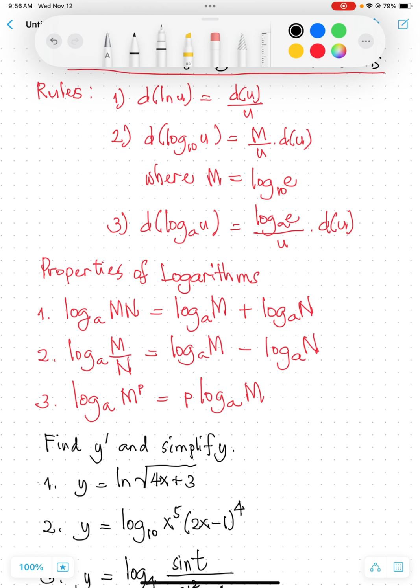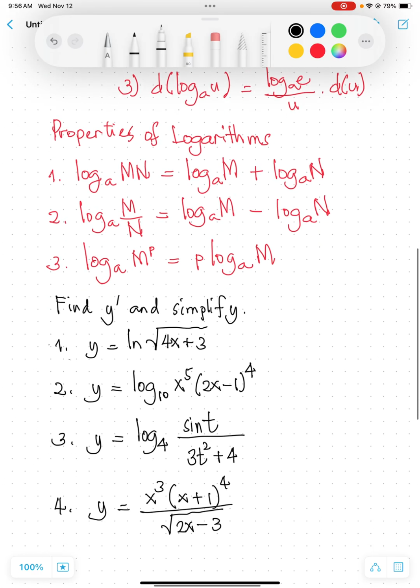Number 2, log to the base a of m divided by n equals log to the base a of m minus log to the base a of n. And number 3, log to the base a of m to the exponent of p equals p log to the base a of m. So let us have examples.